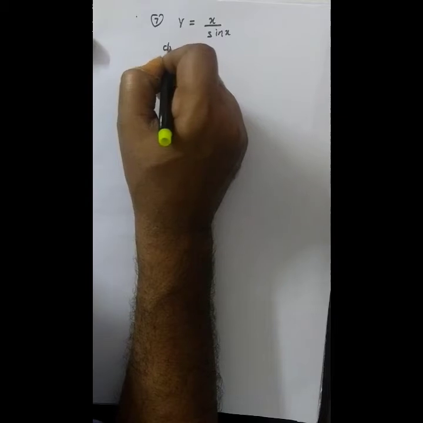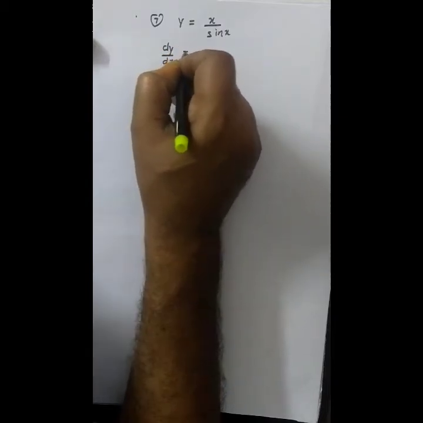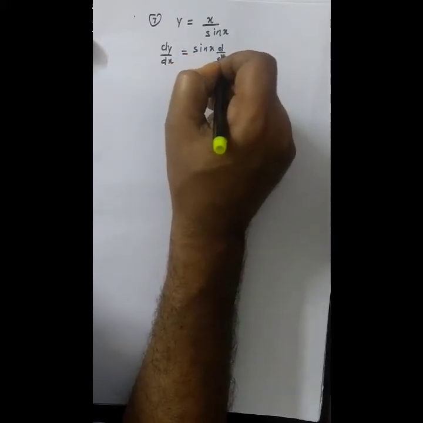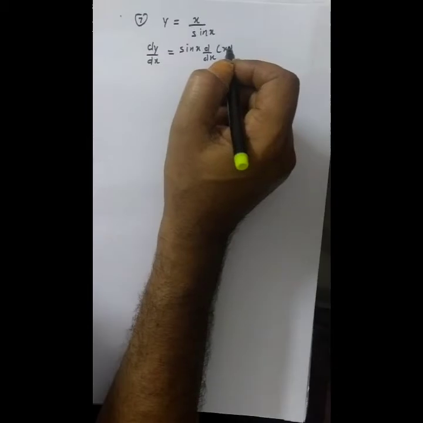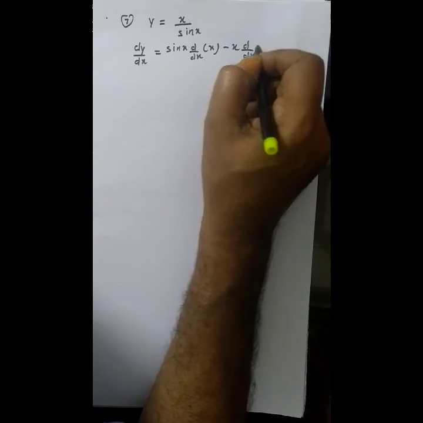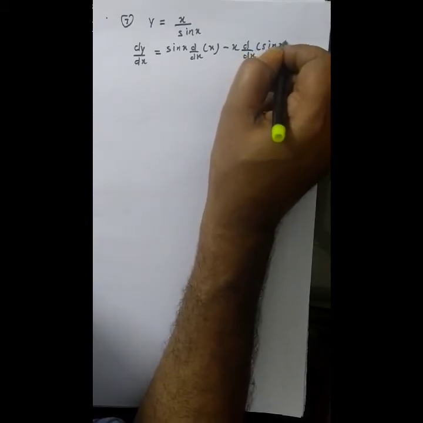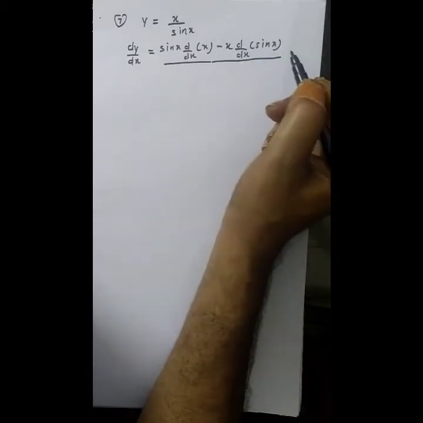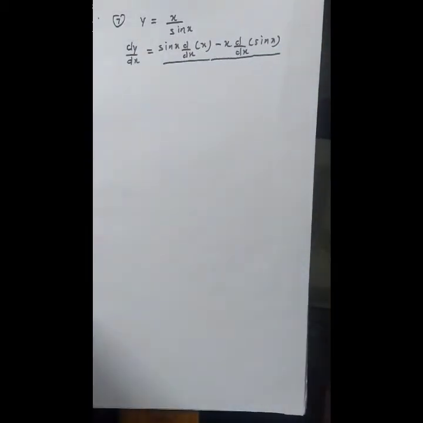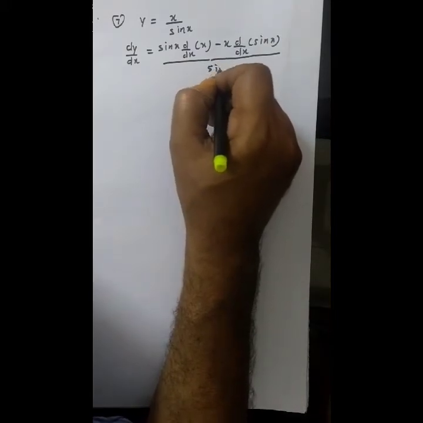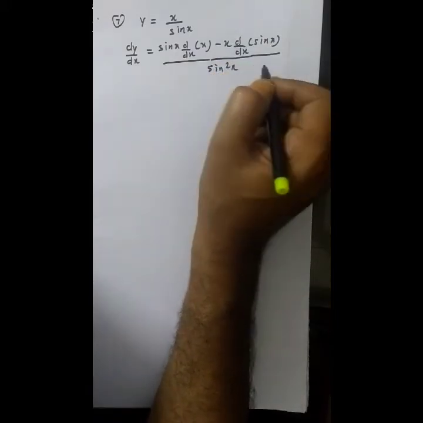So dy by dx equals to, according to formula, v into derivative of u minus u into derivative of v, whole divided by v square. That is sin x into d by dx of x, minus x into d by dx of sin x, whole divided by v square. V square is sin x whole square, which is sin square x.